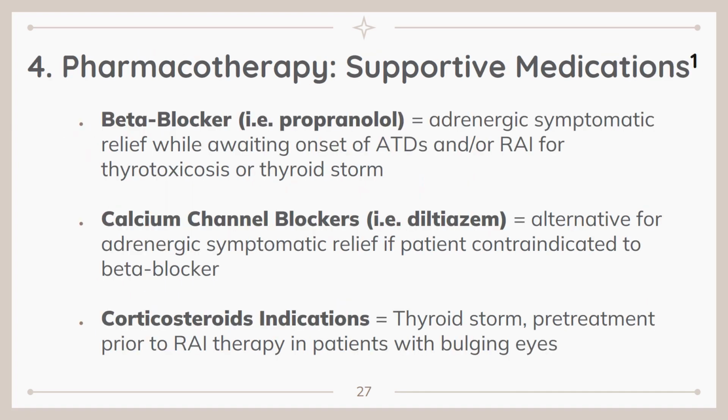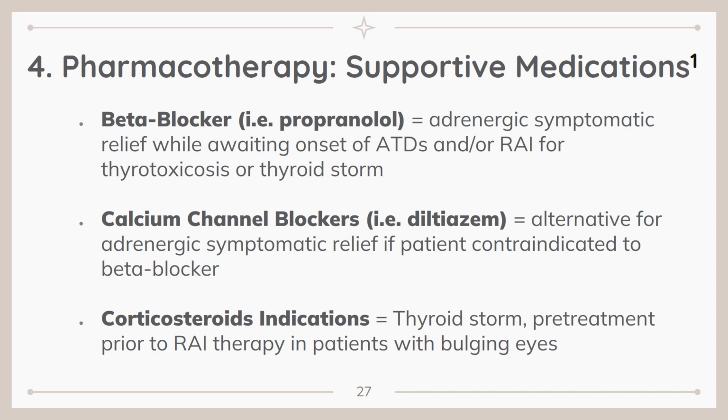Another type of pharmacotherapy for hyperthyroidism would be supportive medications regarding their symptoms. The biggest class to help with the adrenergic symptoms would be beta blockers, specifically propranolol, and that would relieve those symptoms while awaiting the onset of antithyroid medications and/or RAI for thyrotoxicosis or thyroid storm.